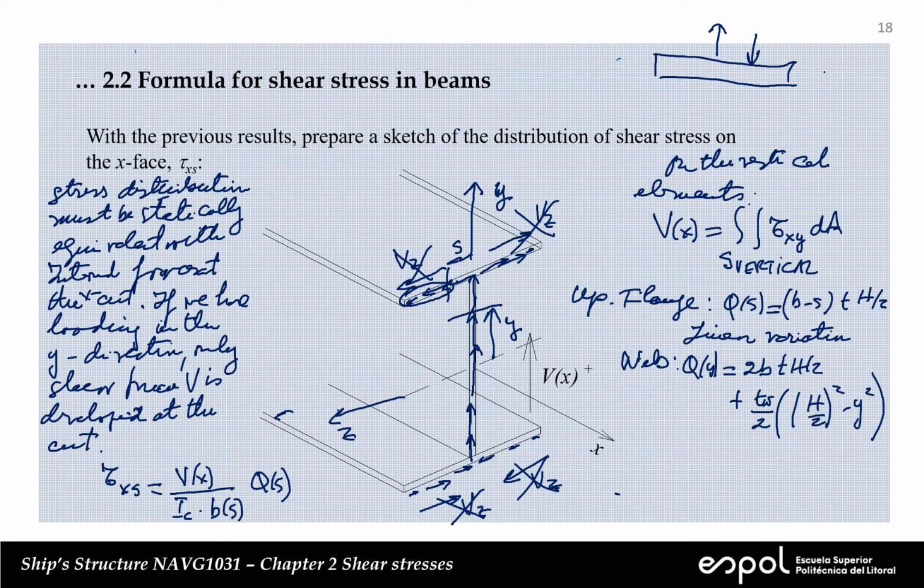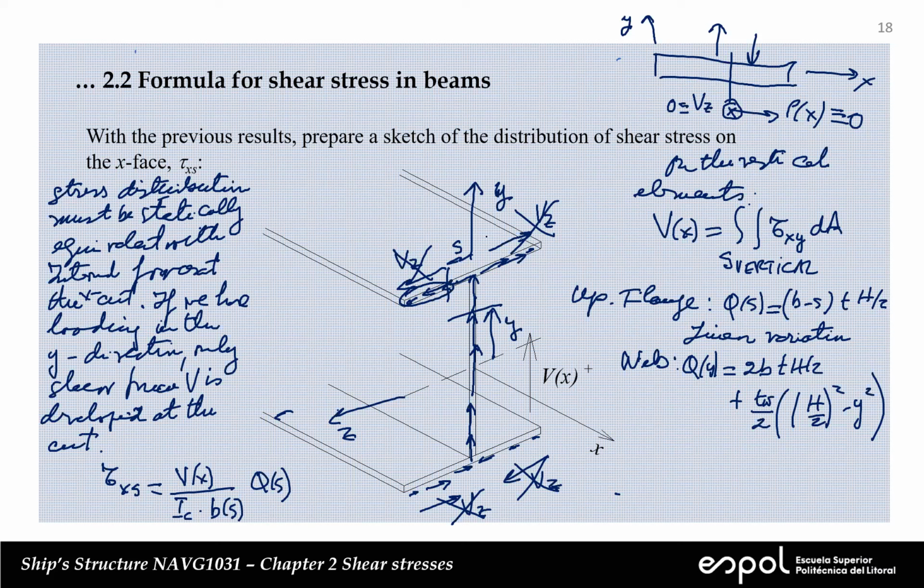So there are no forces in the X direction. So if we make a cut in any place that we want, P, this is the axial force, is identically zero. Similarly, forces in the Z direction, let's call it V sub Z, have to be equal to zero. Why? Because there are no forces in the Z direction.